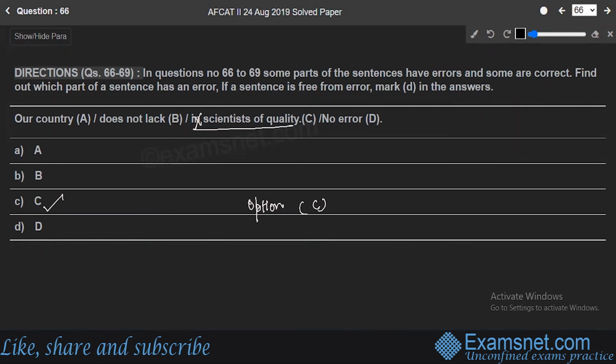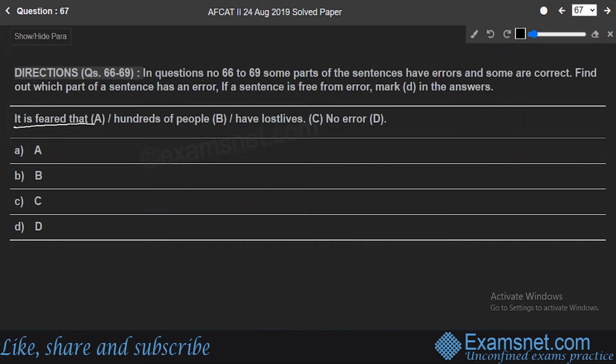Let's move to the next question, 67. Let's read the statement. It is feared that, part A, hundreds of people, part B, have lost lives. This is part C, or D if there is no error. Let's read it fluently once again. It is feared that hundreds of people have lost lives. Doesn't it seem a bit weird?